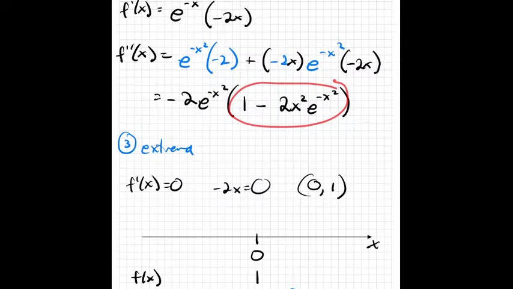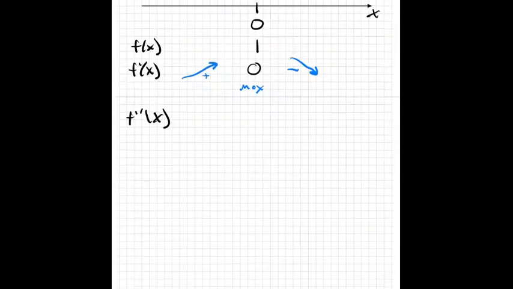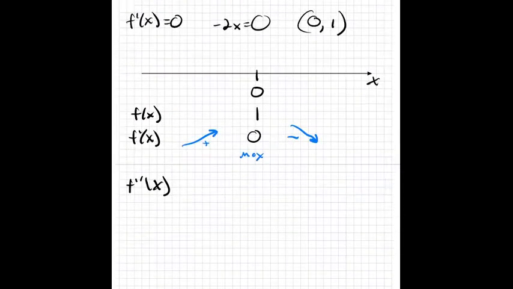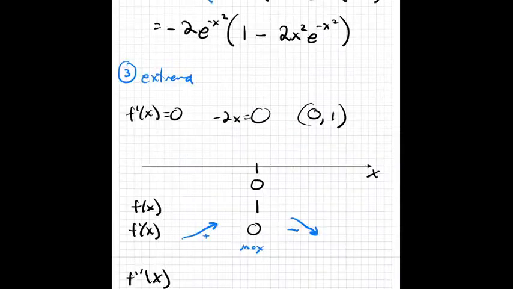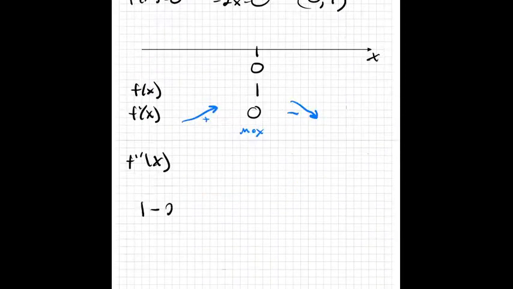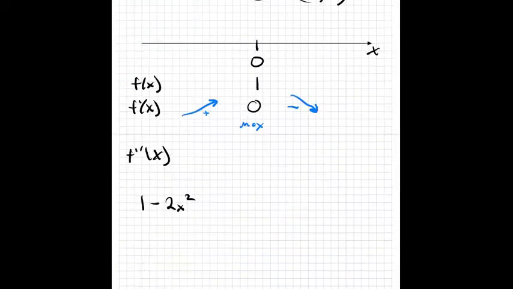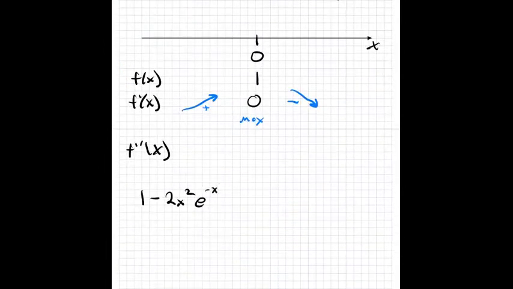Here, let me write it out instead of trying to do it in my head. So we have this 1 minus 2x squared e to the negative x squared. Okay. I want to set this to 0 and solve. So we can add the thing on both sides. We'll get 2x squared e to the negative x squared equals what, 1? We can divide both sides by 2.